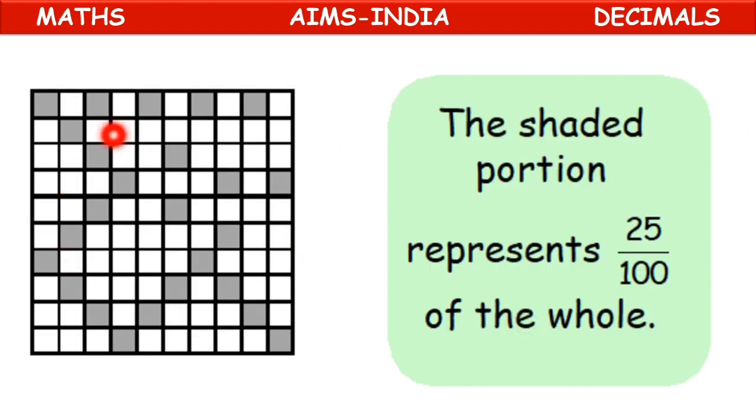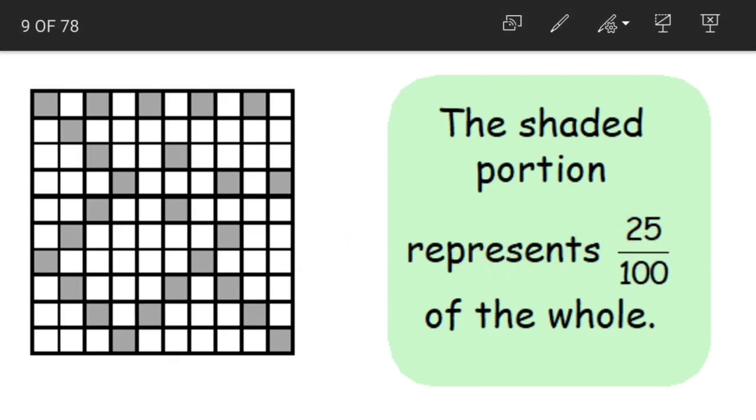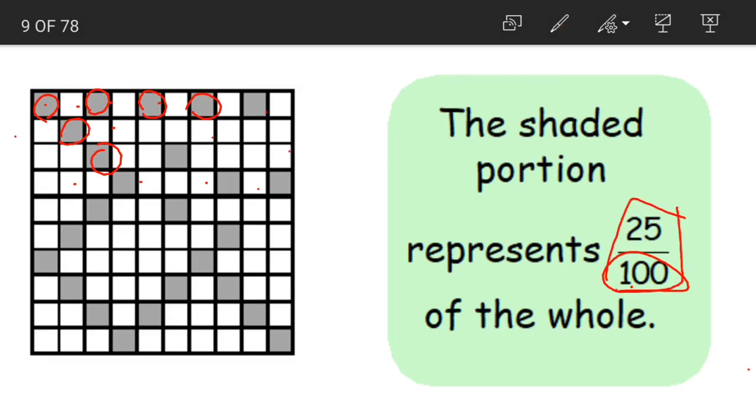If you look at the shaded portion here, it represents 25 by 100 of the whole. Now there are 100 blocks here. How many squares do we have? We are having 100 squares, out of which 25 are shaded. So this represents 25 by 100.